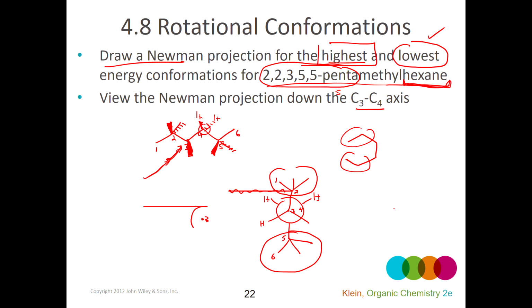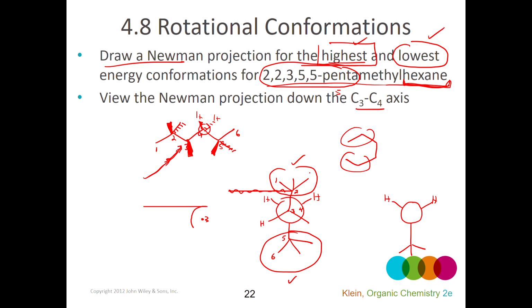I can hold the back carbon still, meaning that I'm going to keep the things attached to it positioned in space the same way they were. But if I want to make it the highest energy it can be, just to represent what that would look like, I want to eclipse the two biggest groups.